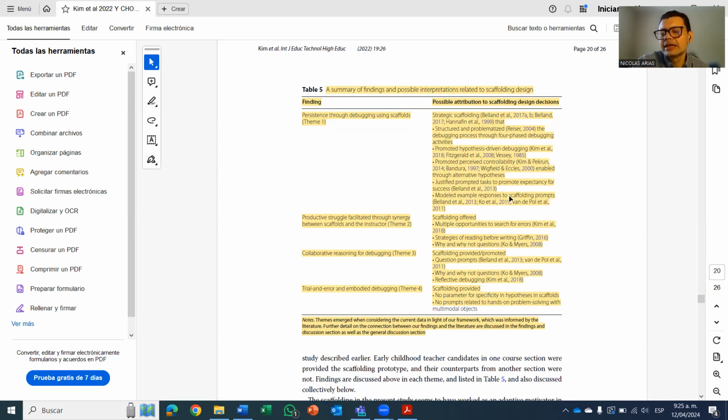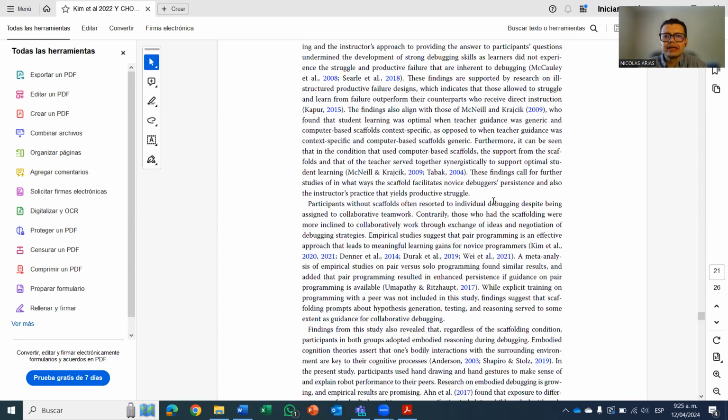They say it is interesting because it shows that even when they have to approach with a non-structured way of solution, they try to find a solution anyway, and it enables them to work independently more than when they receive no scaffolding, because it prompts them to consult more with the professor in order to find a solution when finding the problem. And this is at the end of this article.